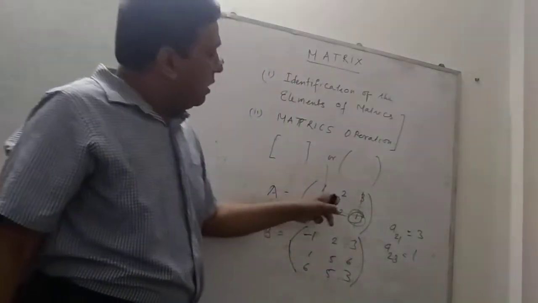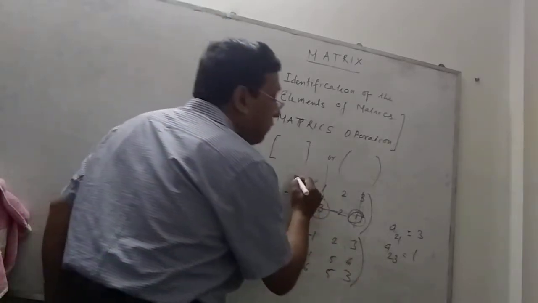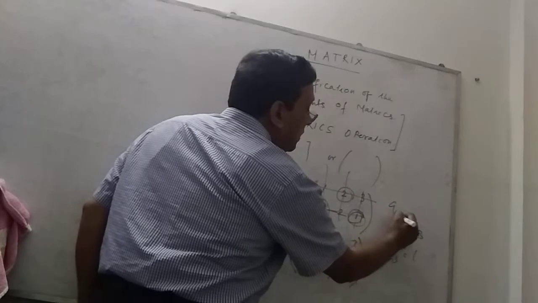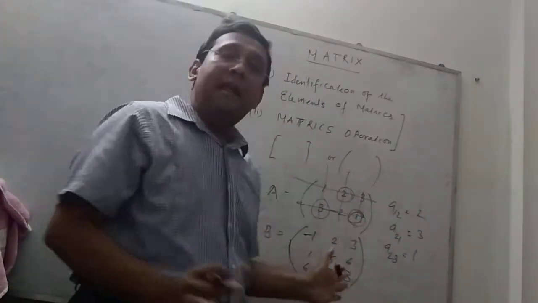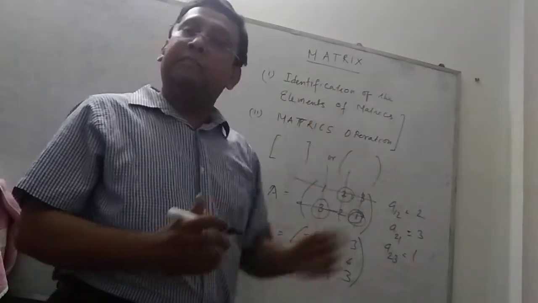If I ask you what is the value of A12, this is first row and second column. So A12 means 2. So in this way we generally understand the identification of the elements of each matrix.